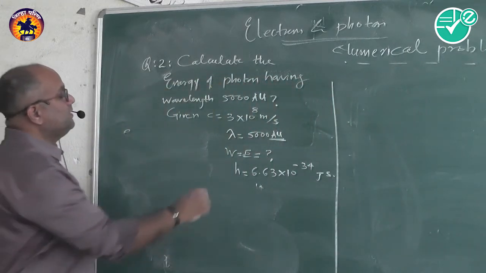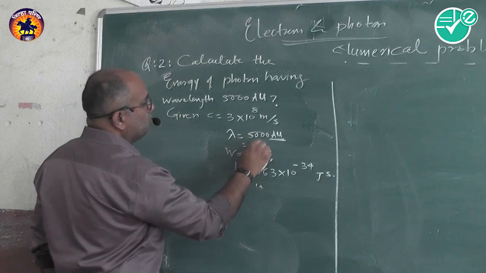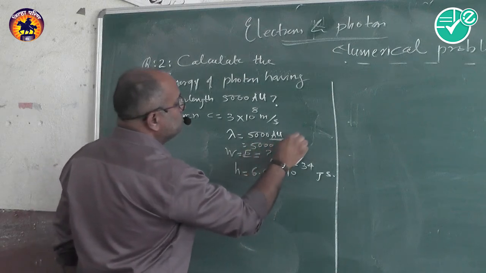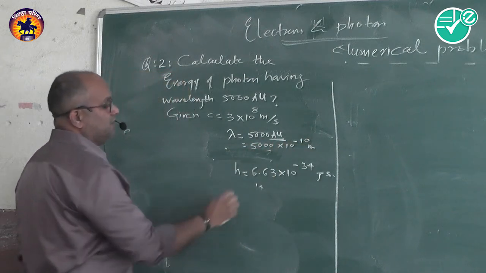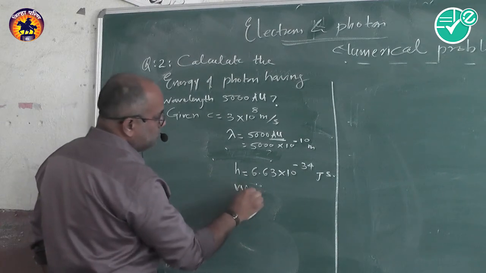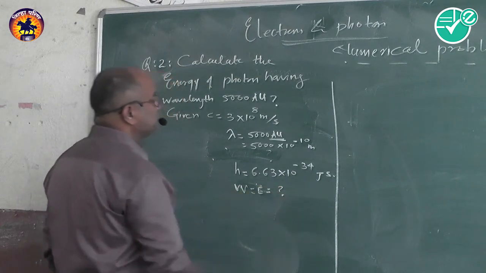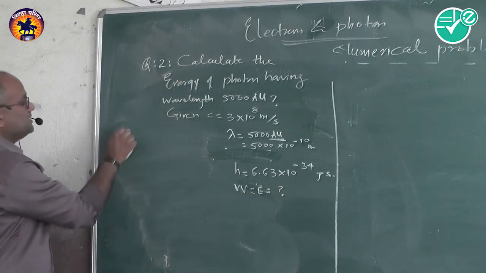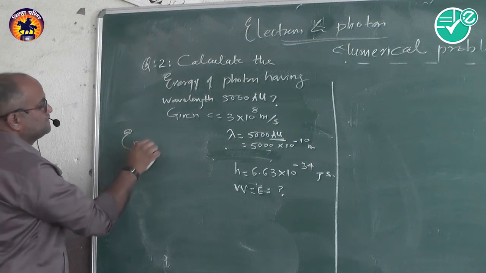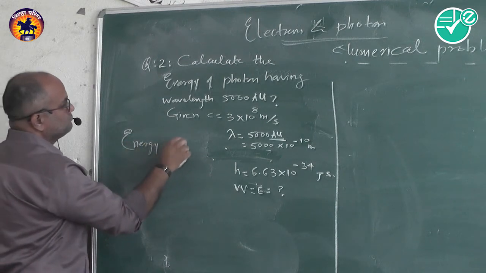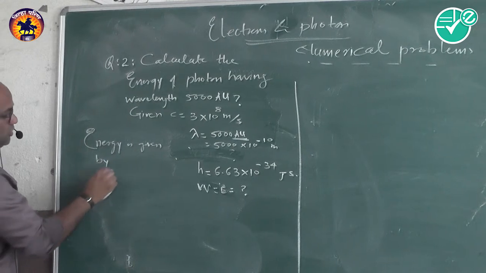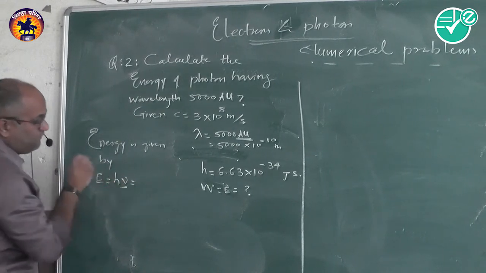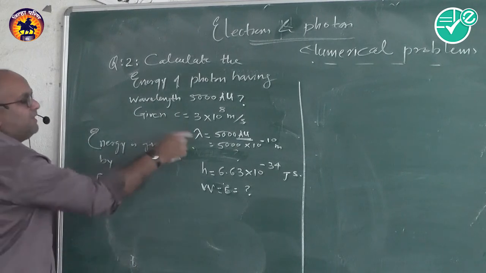So what will it be? This becomes equal to 5000 into 10 raised to minus 10 meter. We have to determine W, or E, is equal to what? Now, energy is given by E is equal to h nu, but here frequency is not given to you, lambda is given to you.